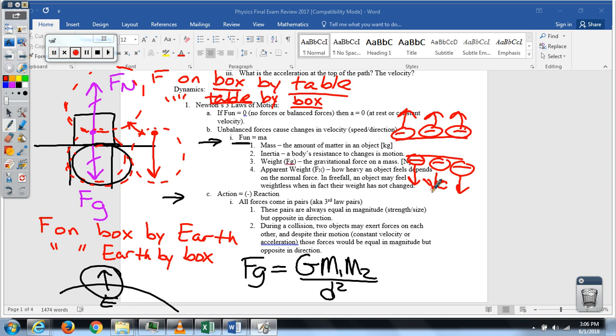We can't put our hand through the wall because of the repelling forces that the atoms in our hand exert on the atoms of whatever we're pushing. Those electrical forces behave very similarly to gravity, in that they depend on the distance in the same way, the inverse square law.